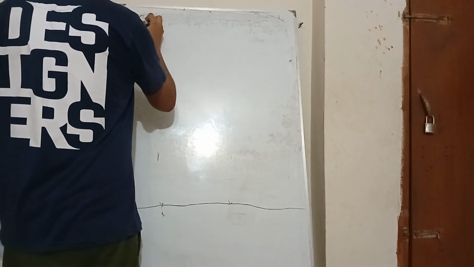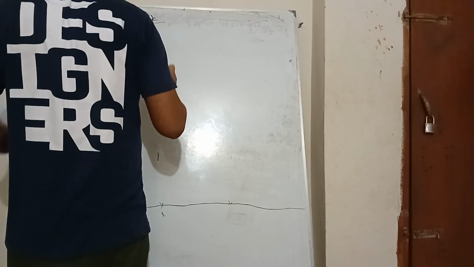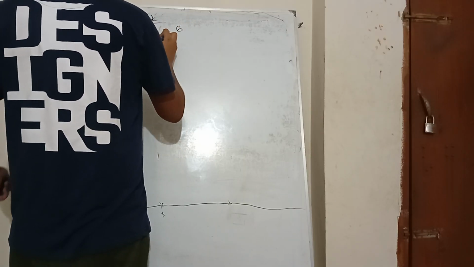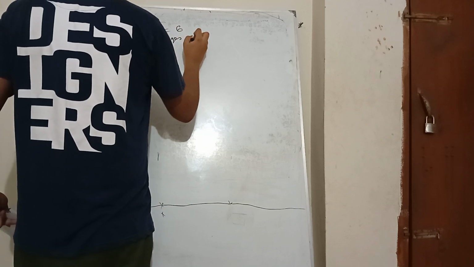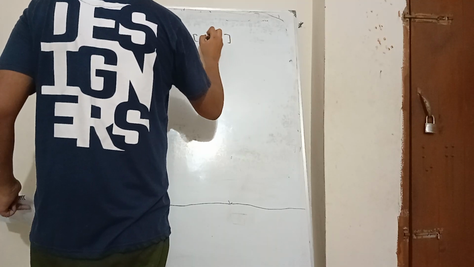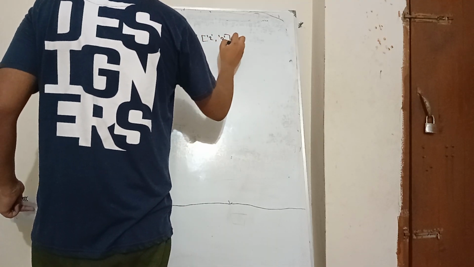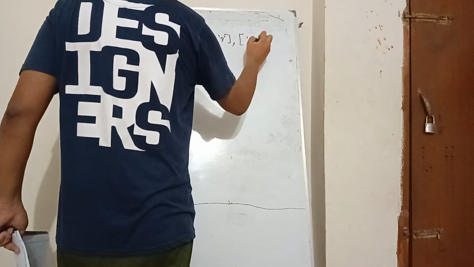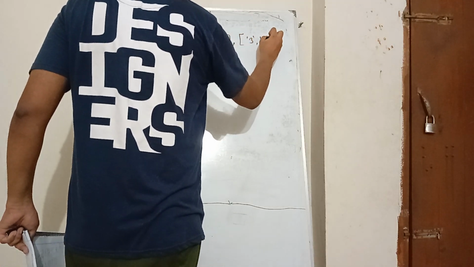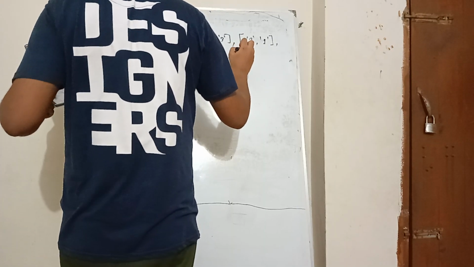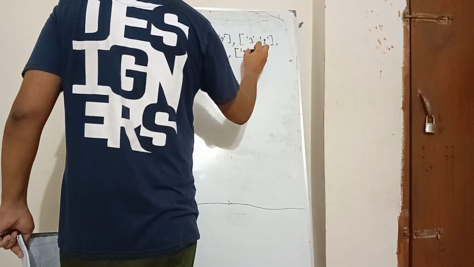Let's see how to code. N equals 6, the number of vertices. These are edges given: 2, 3, 3, 1, dot dot dot, 5, 2.